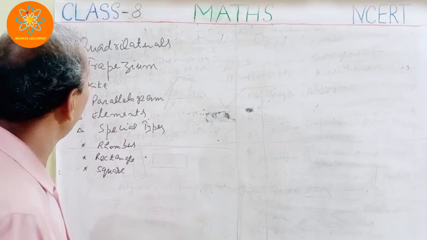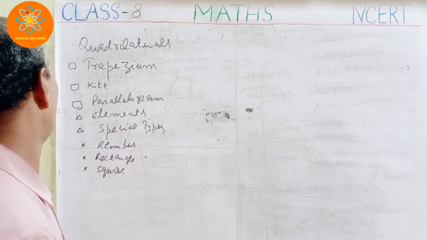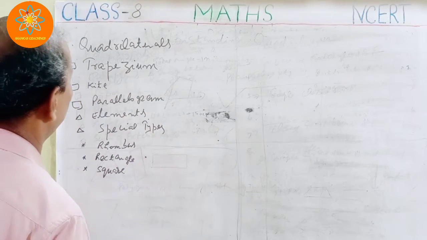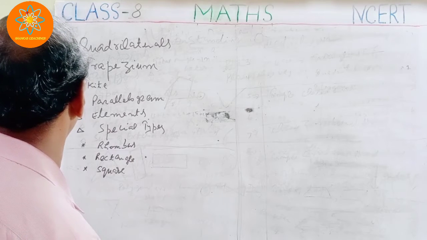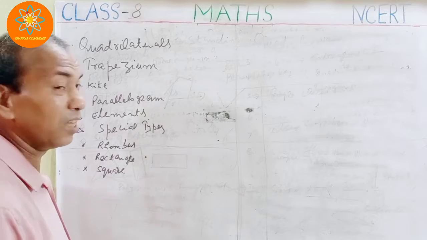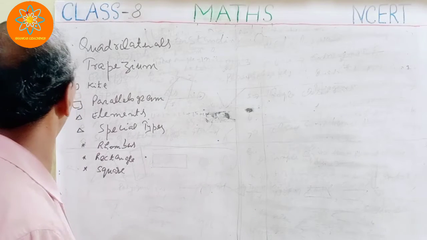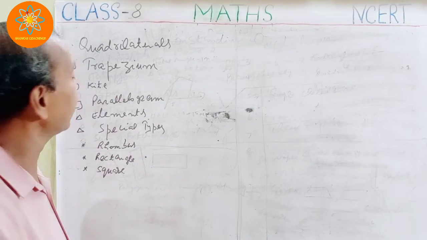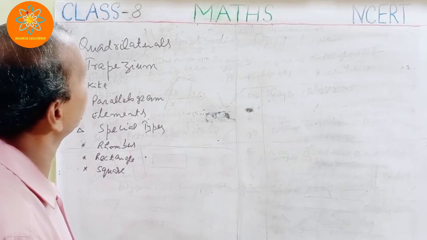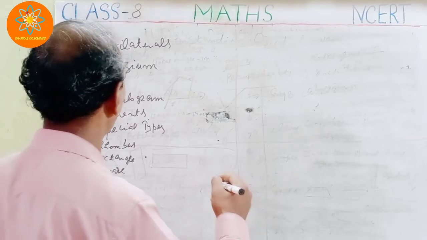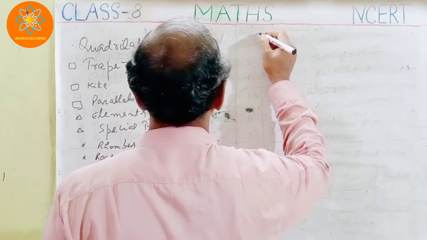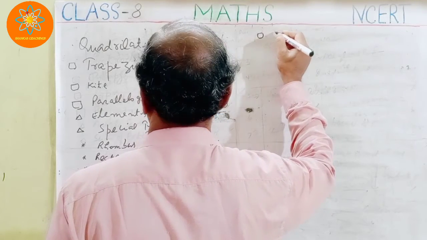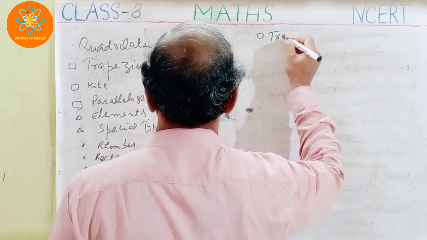Quadrilateral means 4 sides. In all of these there are 4 sides, but with some special property of sides, angles, and diagonals. So I am taking the first one, that is the trapezium.